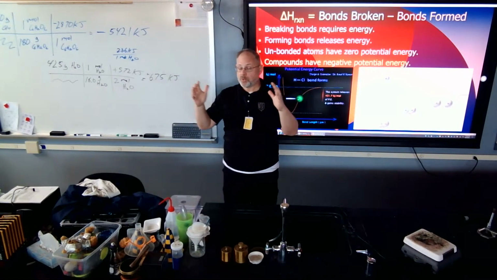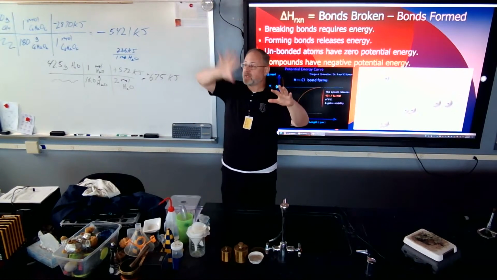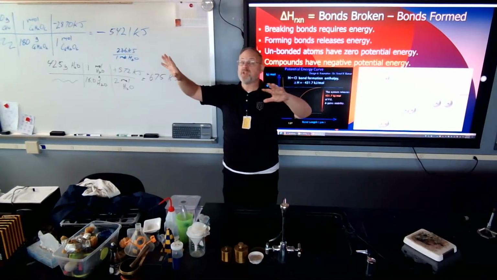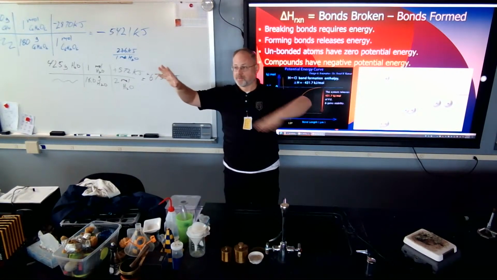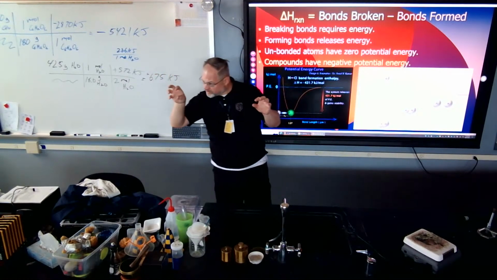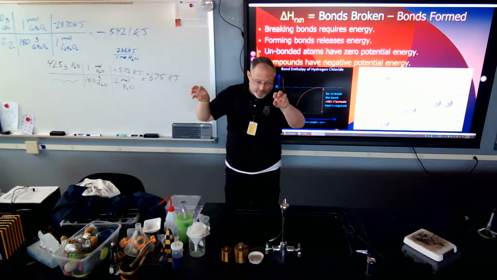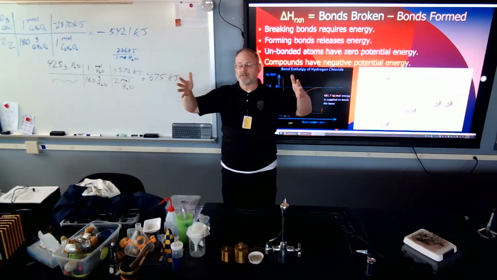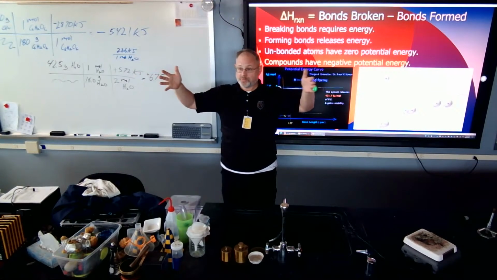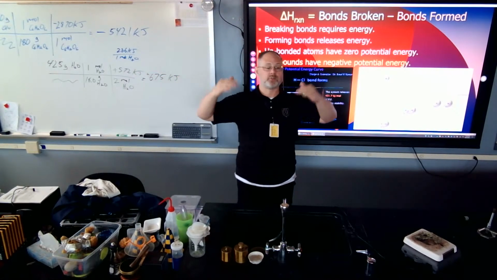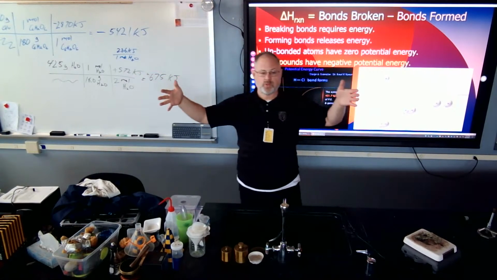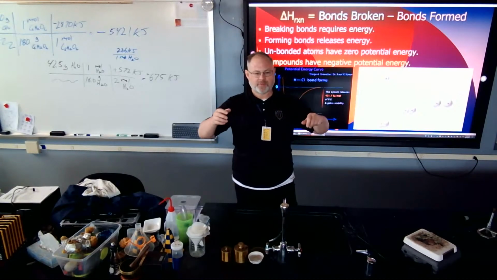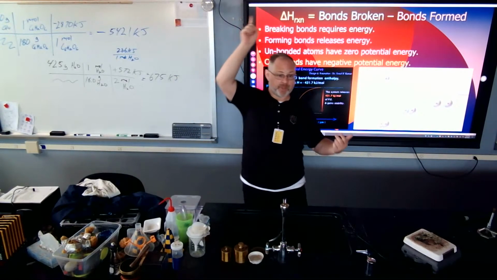If you get them too close, then the electron cloud of this atom repels the electron cloud of this atom, and the nucleus of this atom repels the nucleus of this atom. So they get to a really good balance where they're not too close, not too far away, and that's their lowest potential energy state. If you keep getting closer and closer together, they start repelling each other and going back up the energy curve.